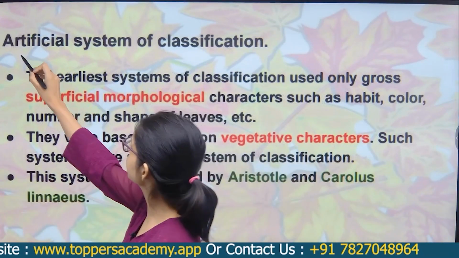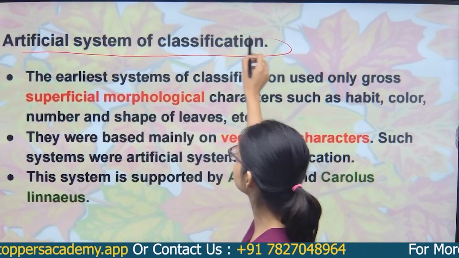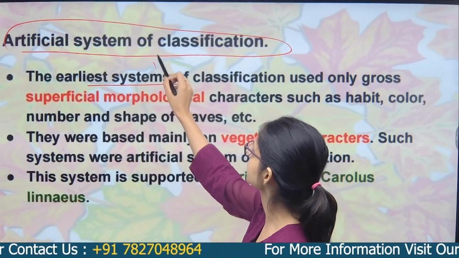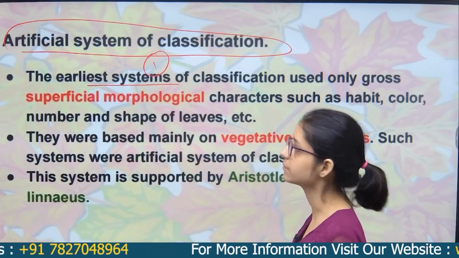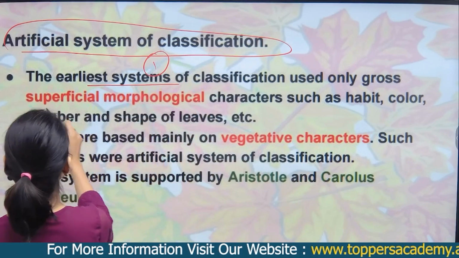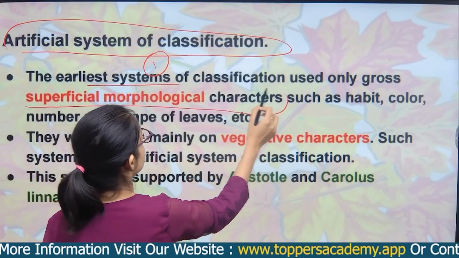Okay, the artificial system of classification, what does it say? It is the earliest system of classification, used only gross superficial morphological characters.